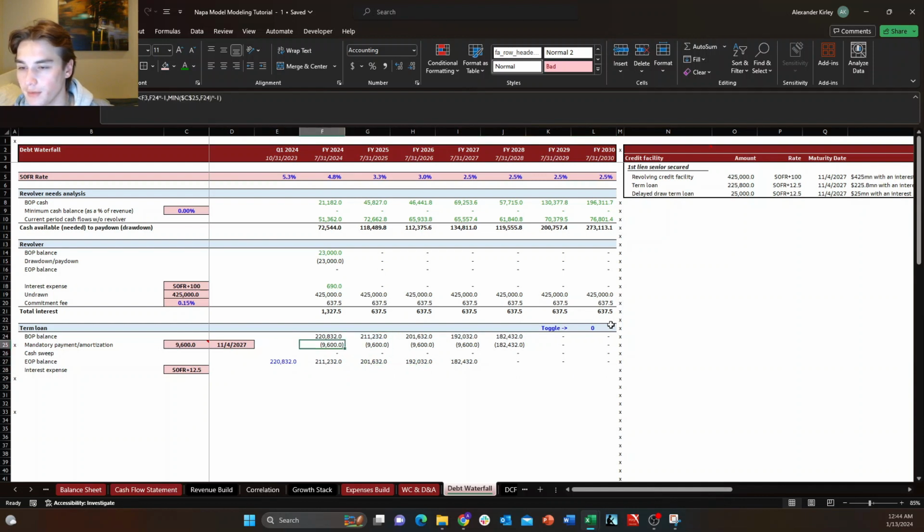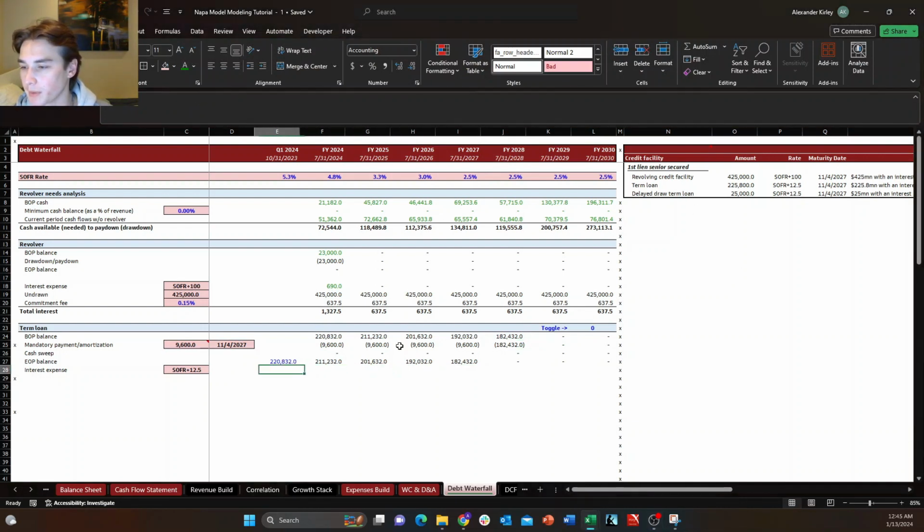And there is our term loan. We can see that here we are repaying it at this date because our formula is taking into account full repayment.